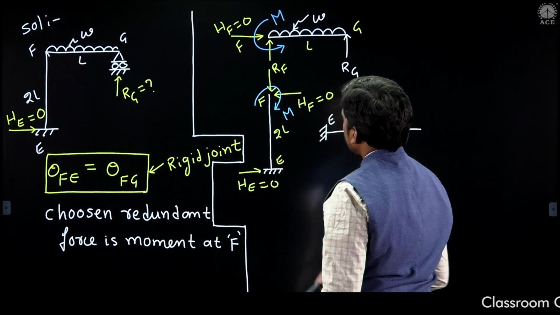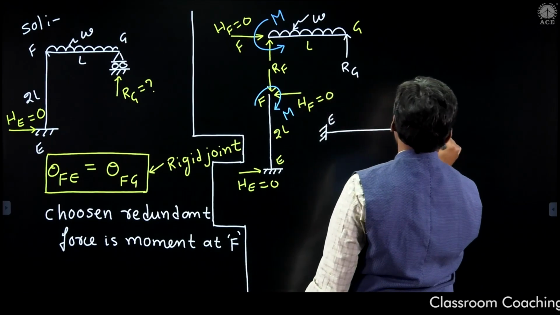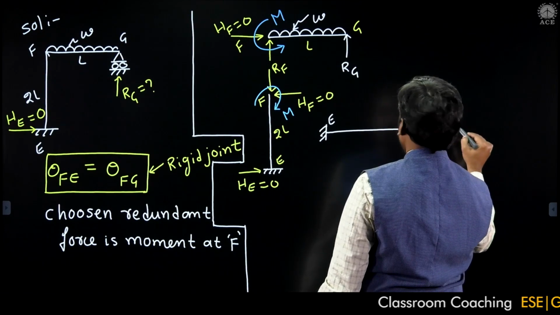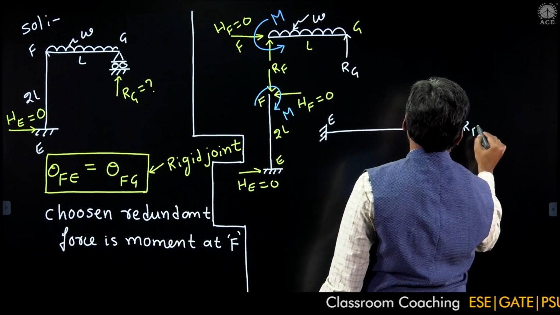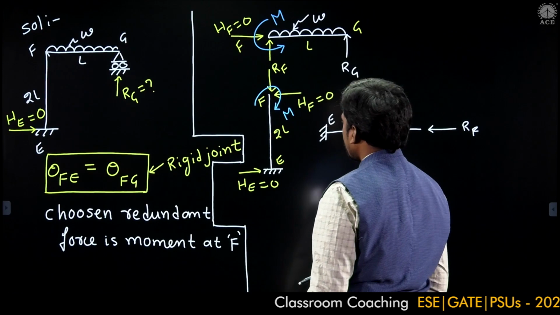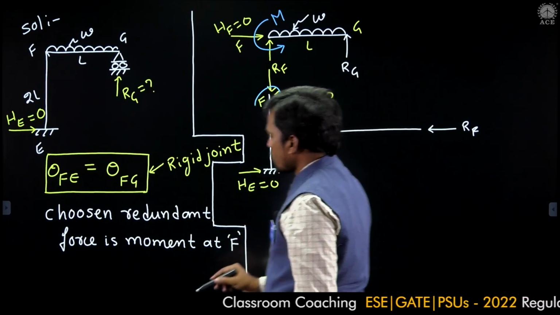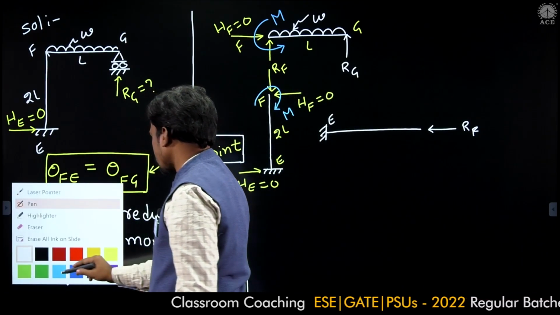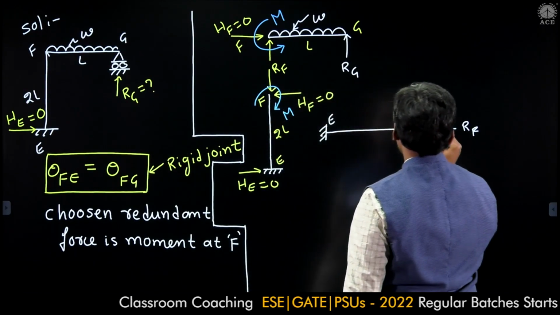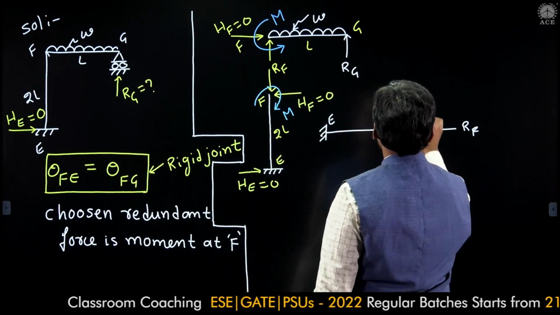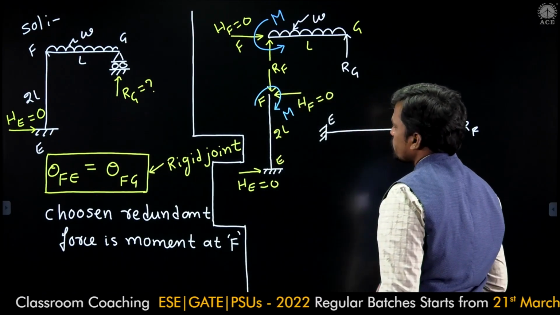Then this is E. After making this horizontal, left side, this is RF. And this moment is clockwise, right? So mark it clockwise M.